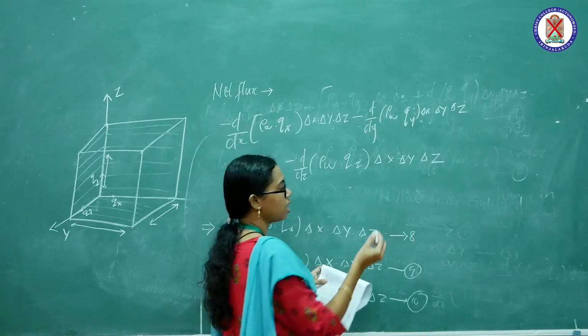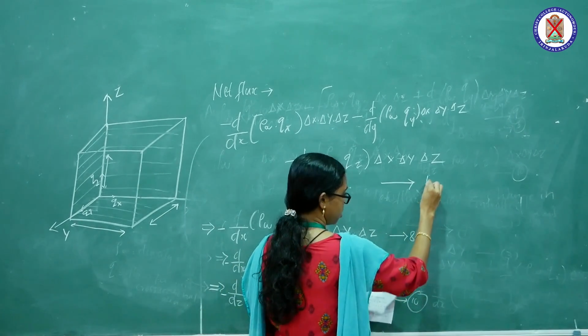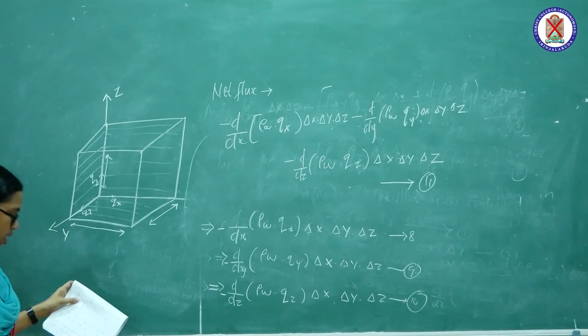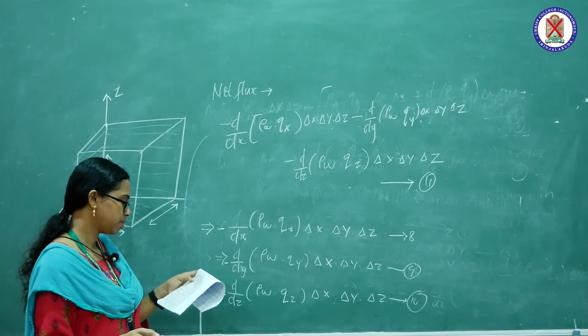This becomes equation number 11, the net flux equation for the controlled volume.